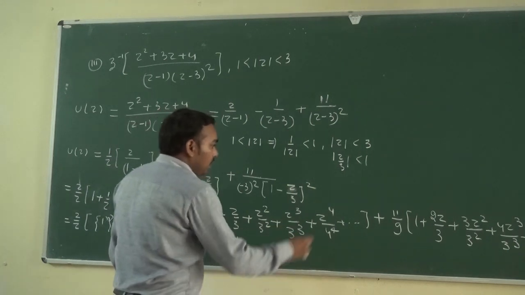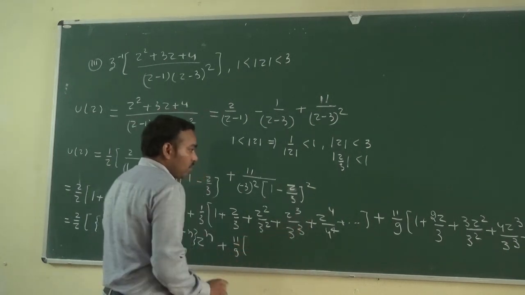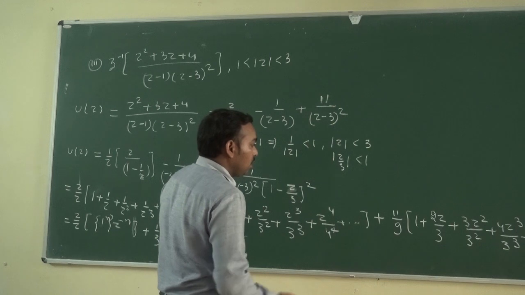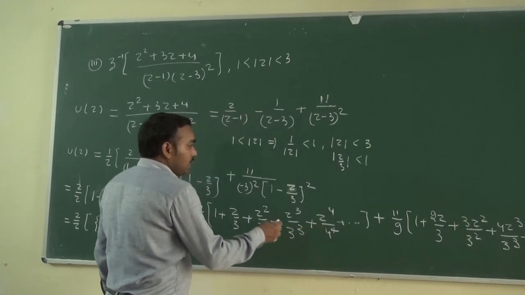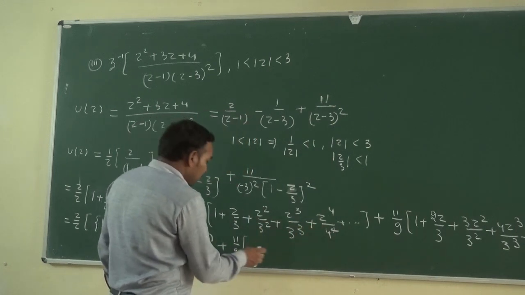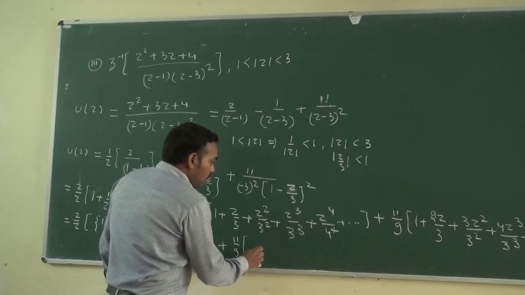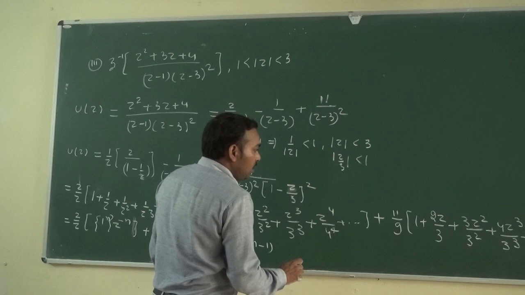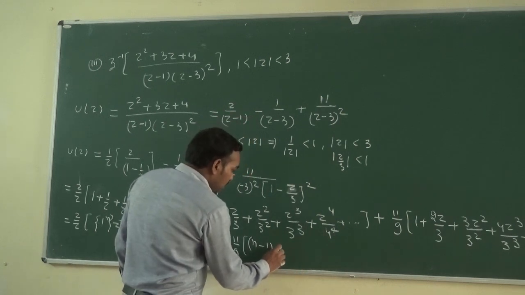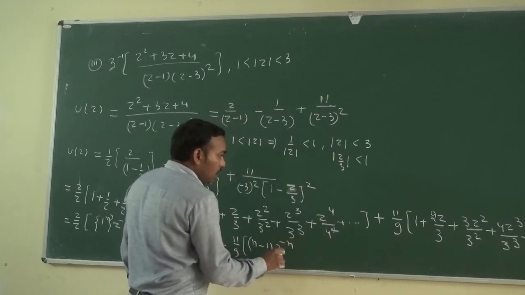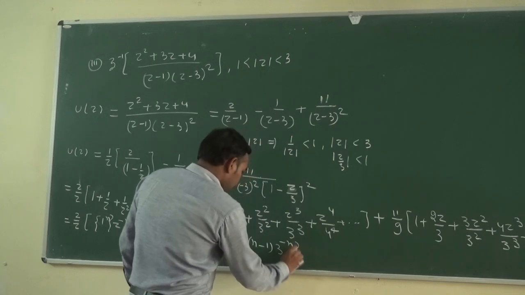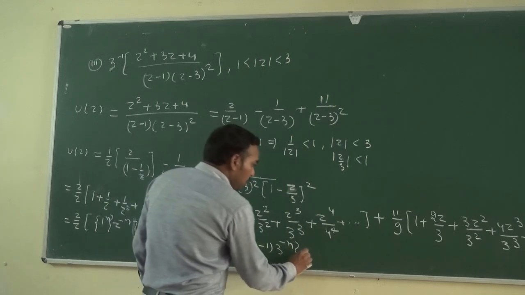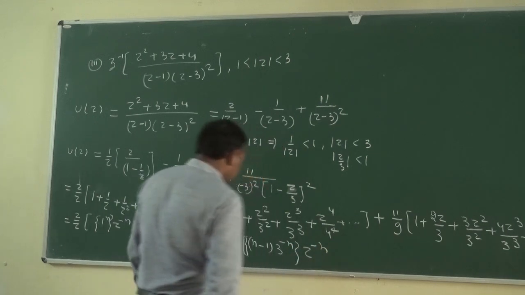And this we can write as n minus 1, 3 to the power minus n, z to the power n.